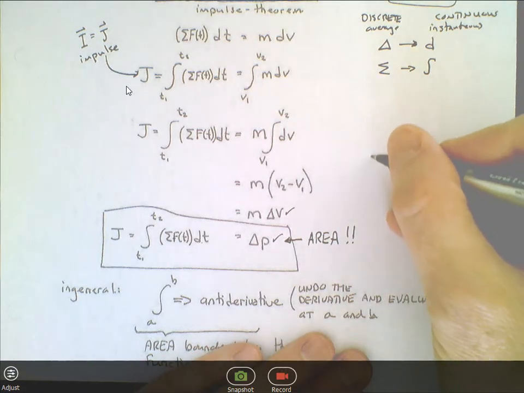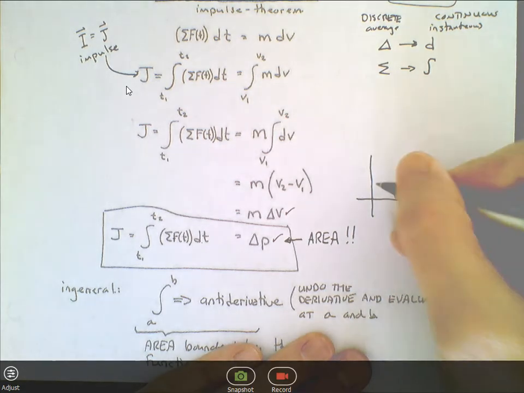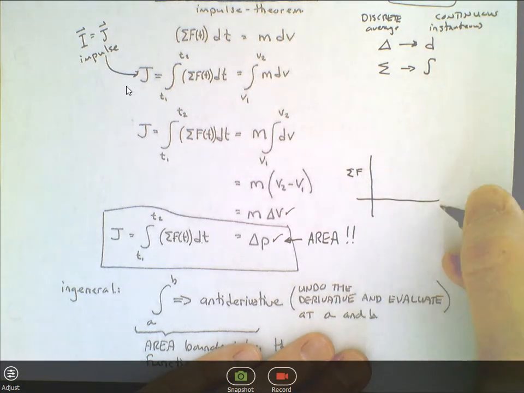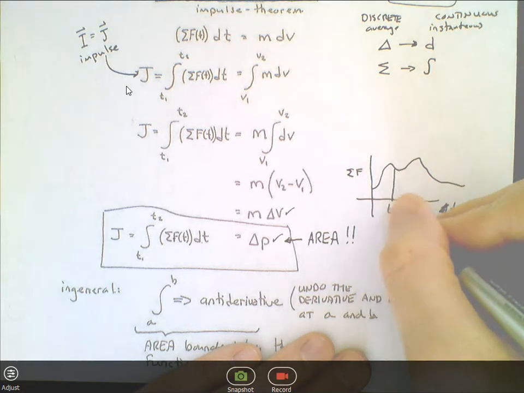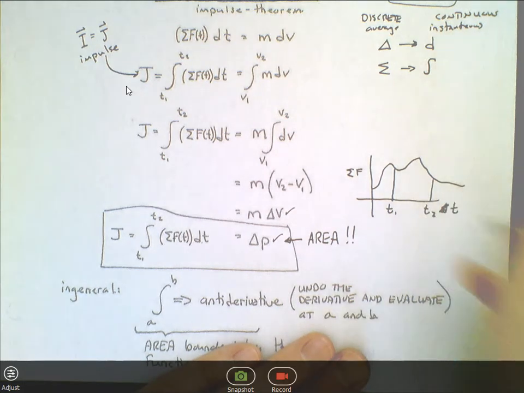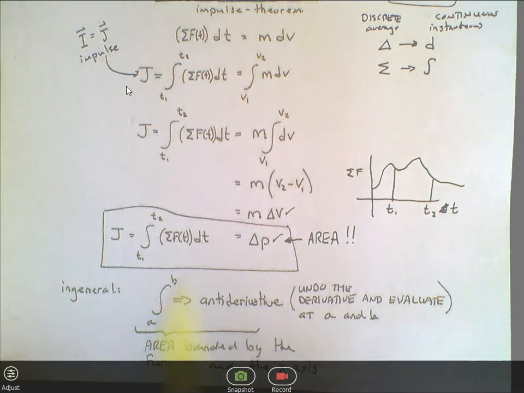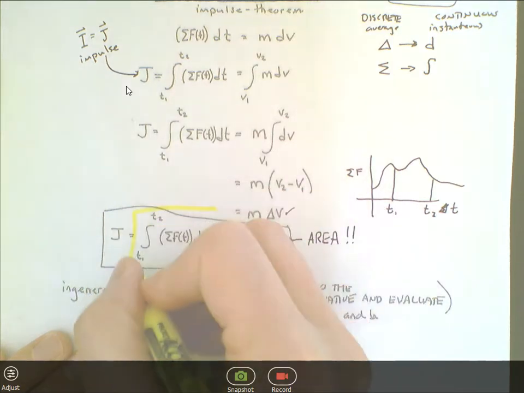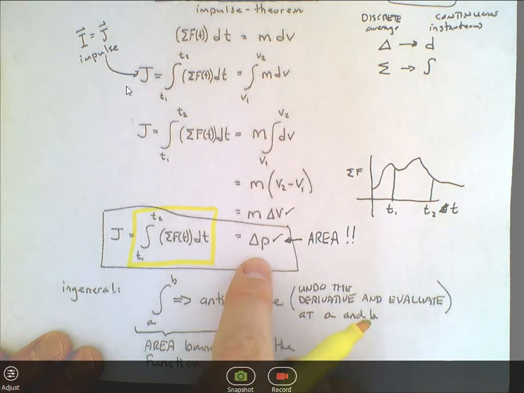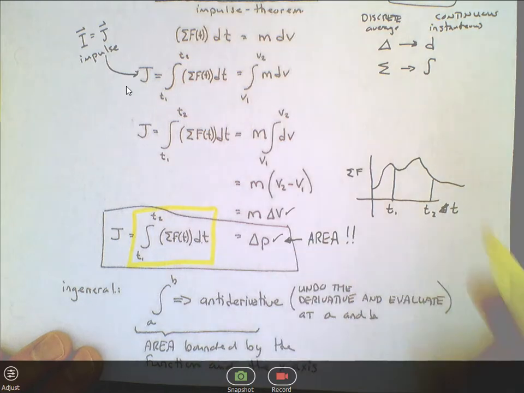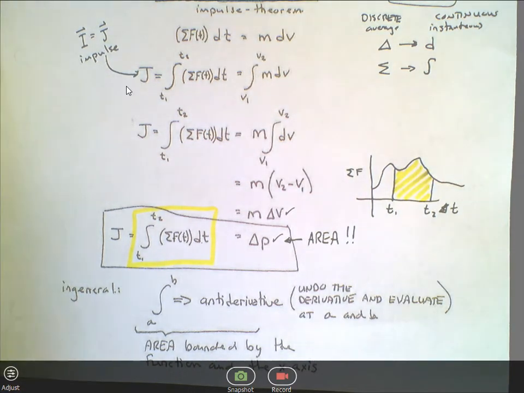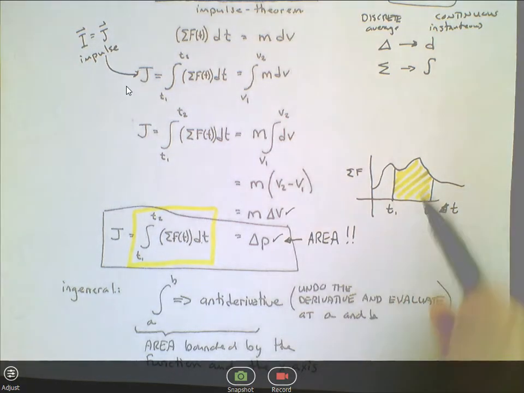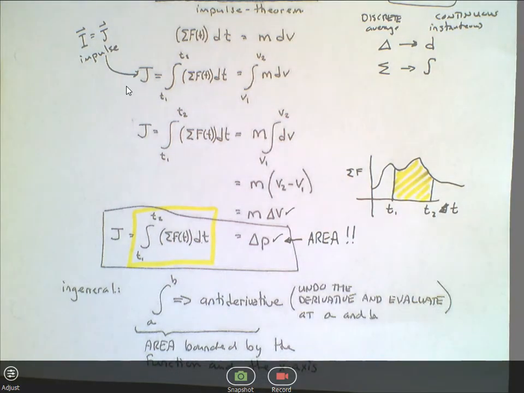If I had a strange looking function for the net force over some time interval, like this, and I said integrate from t1 to t2, do the integral from t1 to t2, it will tell us the change in momentum. But that's just the area. So by doing the calculus of this, it will tell you what the area is, which is your momentum.